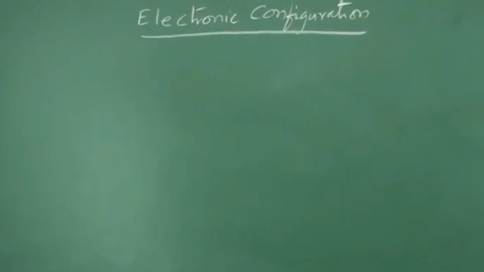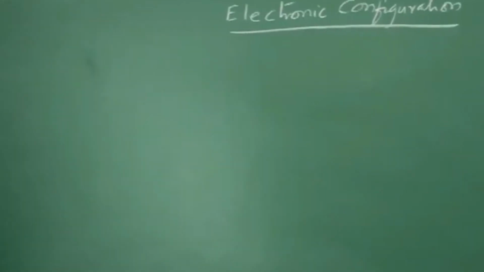Electronic configuration. We have already discussed the electronic configuration and the rules which govern it. They are the Aufbau principle, Hund's rule, and Pauli's exclusion principle. Now, electronic configuration may be represented in 2 ways.